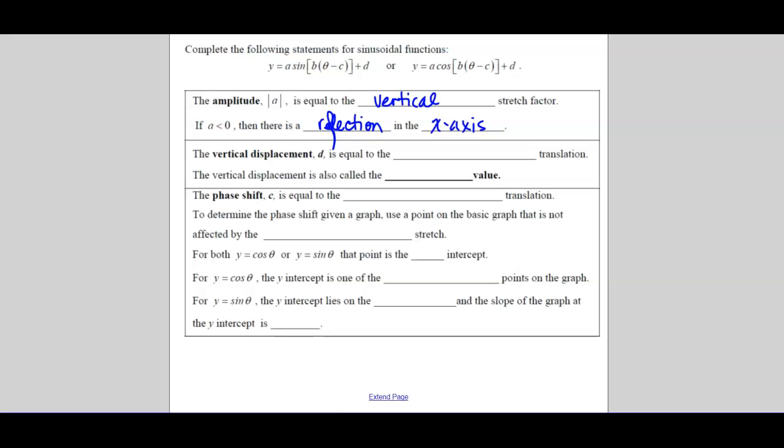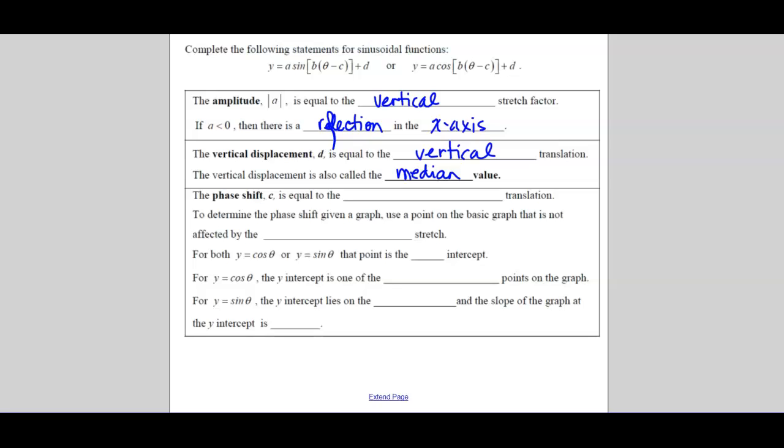Vertical displacement D is equal to the vertical translation. Okay, that vertical displacement amount is also called the median value. Okay, median value. Remember what median means. You guys did stats last year, right? It's the middle value.